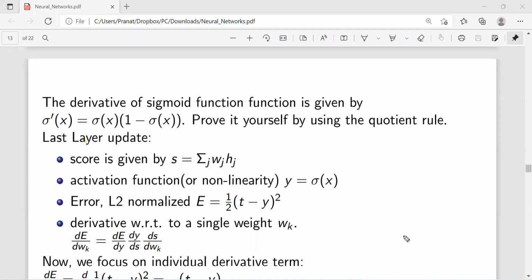We have used the chain rule 2 times actually. We wrote it this way because error is a function of y, y is a function of s, and s is a function of w. So we calculate each derivative individually.